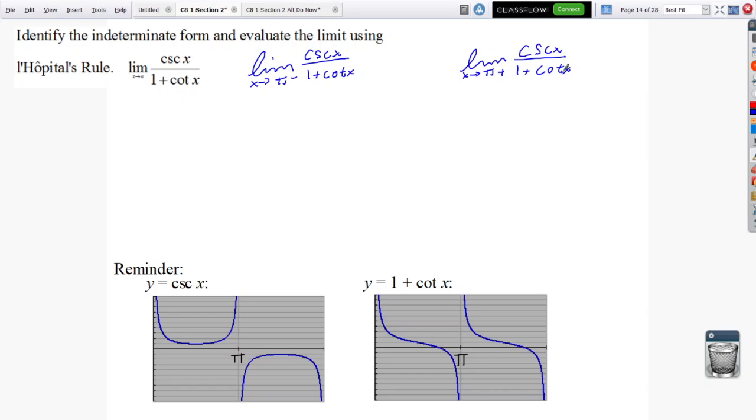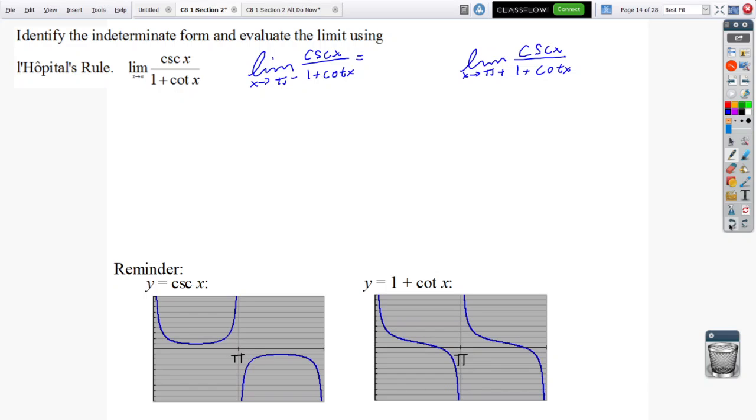From the left on cosecant of x, I can see it go up, which means positive infinity. From the left, I'm going to have positive infinity over, from the left for 1 plus cotangent, it go down. Oh, wait, why did I put negative infinity? It should have been positive infinity.